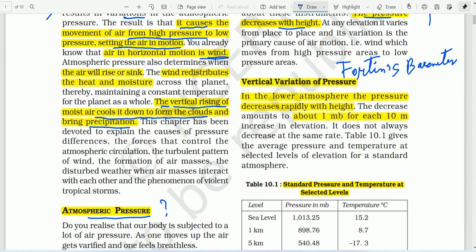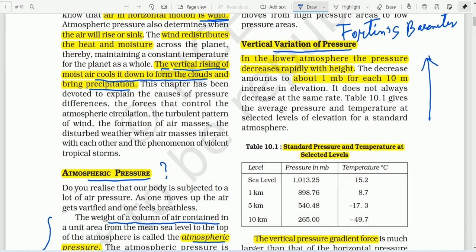Now let us discuss the vertical variation of pressure. Just now we have learned that if we move upward, pressure decreases. In the lower atmosphere, near the surface, the pressure decreases very rapidly, at about 1 millibar for every 10 meters.